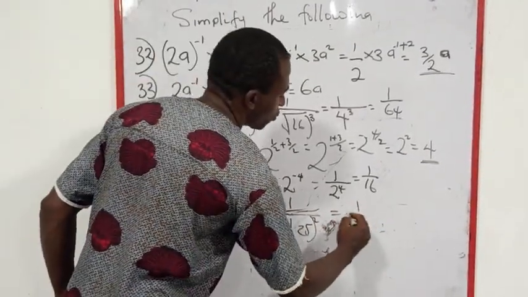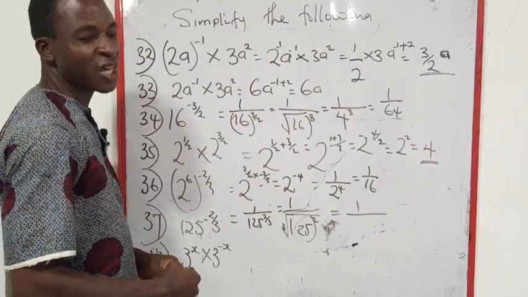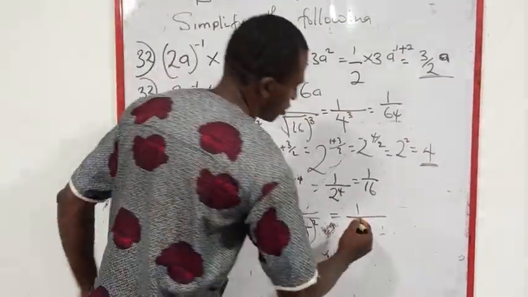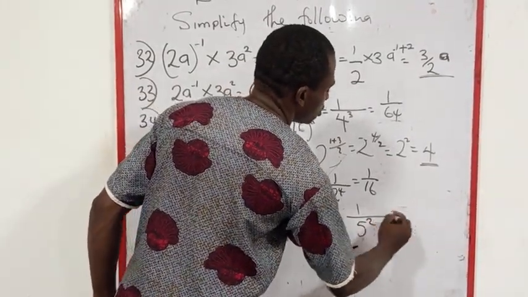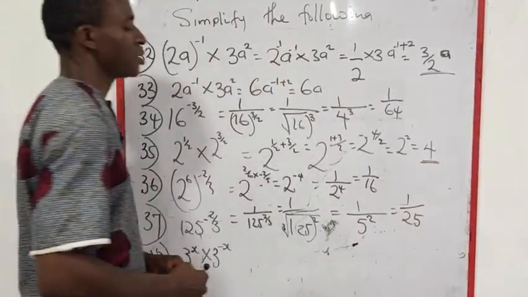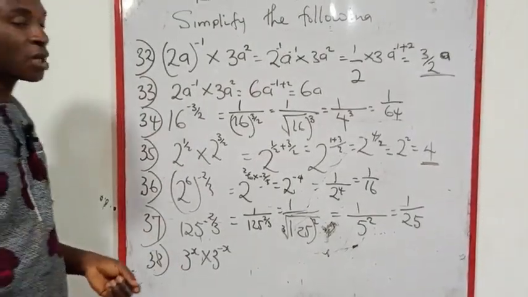So when we do that, we now have 1 over, what is the cube root of 125? If you check the number that can multiply itself 3 times to give you 125, it is 5. So we now have 5 raised to power 2. So this is now equal to 1 over 25. That is exactly what you have here, 1 over 25.